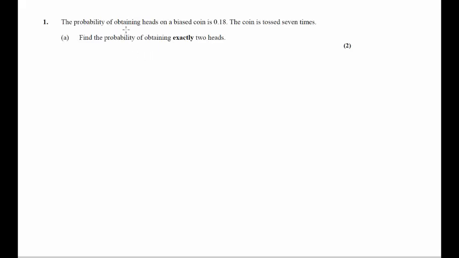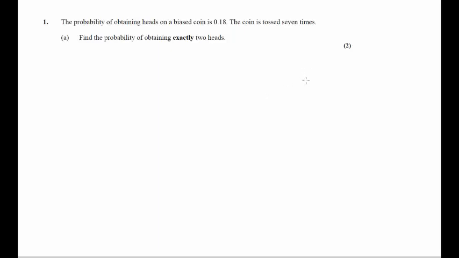The first question is asking you to find the probability of getting 2 heads when a coin is tossed 7 times, and they're saying that the coin is biased, and so it will land heads 0.18 or 18% of the time.